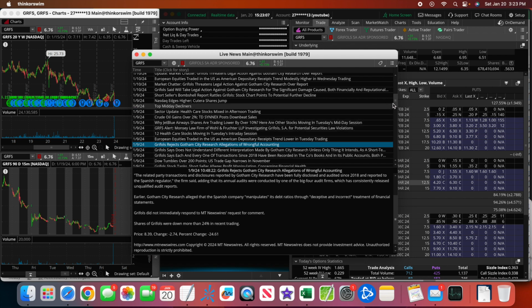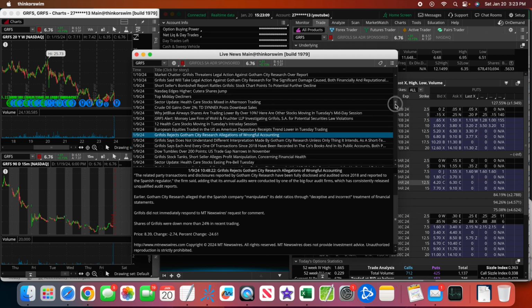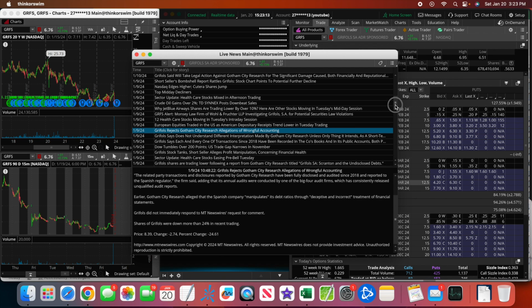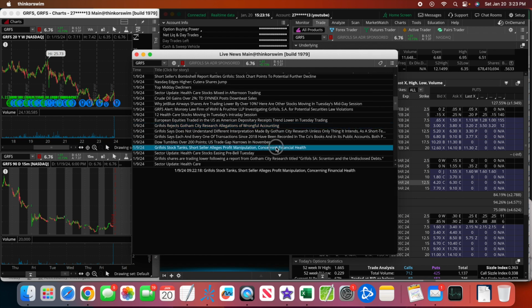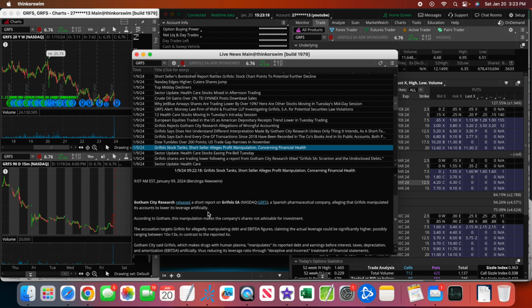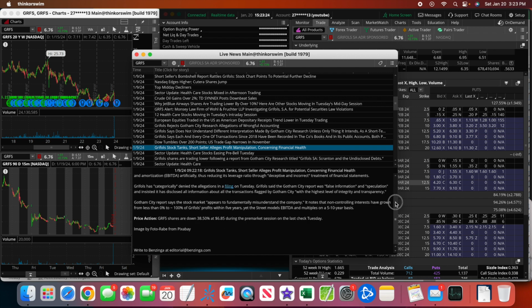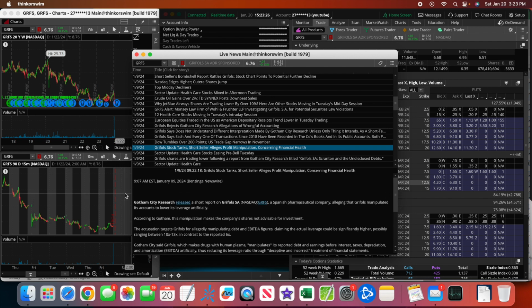And then, let me see if I can find the article. Says do not understand different interpretation. Wait, say each and every one. This one. All right, Gotham City Research, a short report on Griffith's Spanish pharmaceutical company, alleging that they manipulated its accounts to lower its leverage.